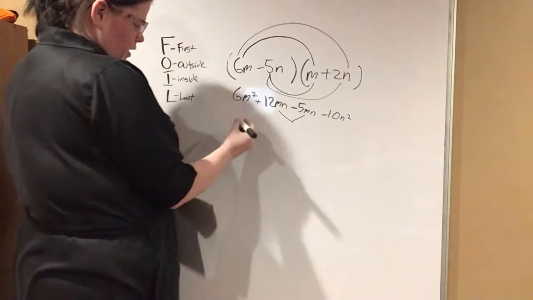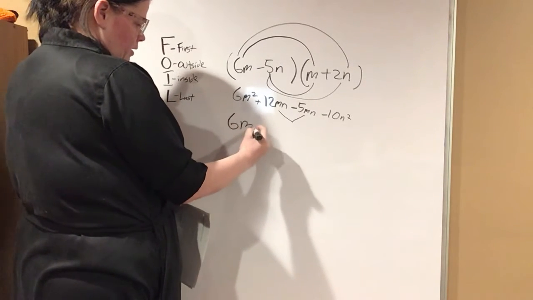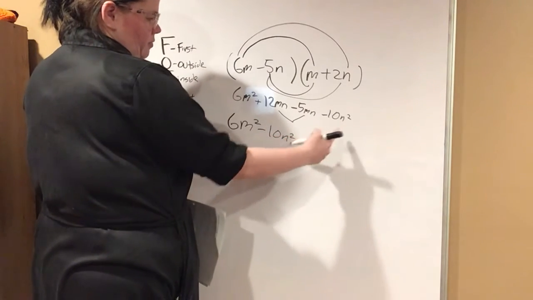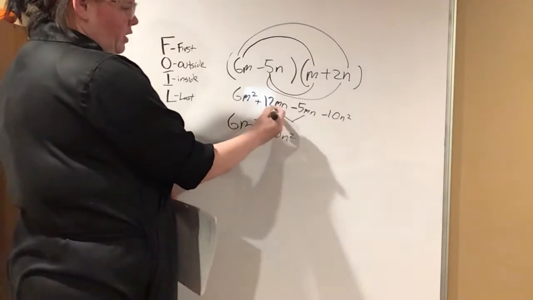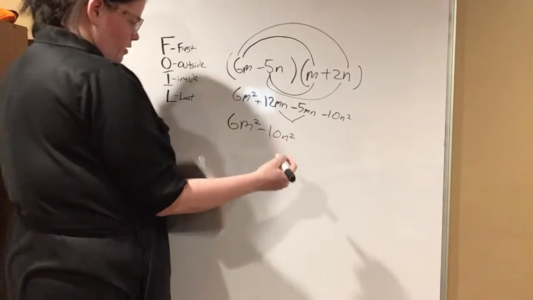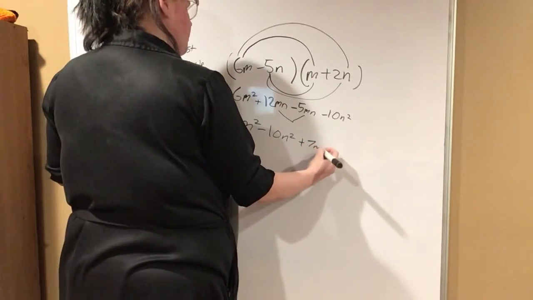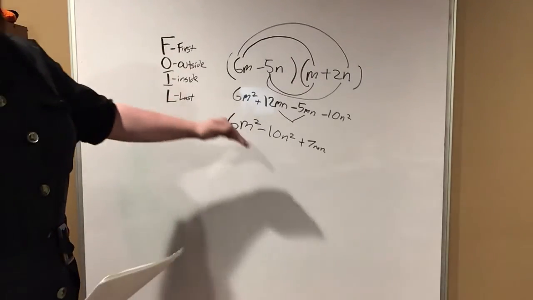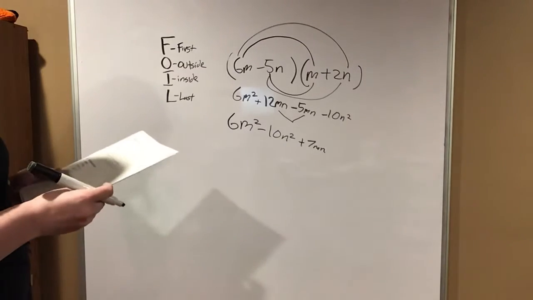So in this case, how I would write this is 6m squared minus 10n squared, because that comes next in alphabet and in power. And then 12 minus 5 mn is plus 7mn. So this is the FOIL method.